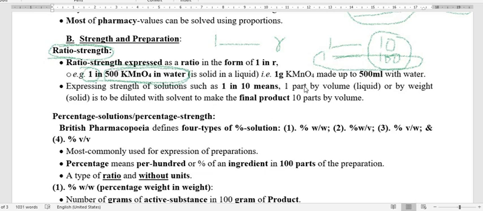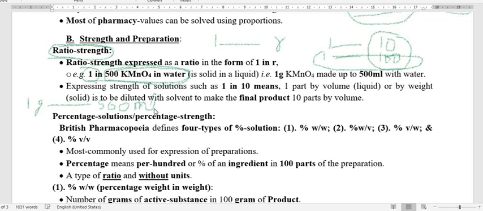What does it mean? 1 in 500 KMnO4 in water is indicating that 1 gram of the KMnO4 is dissolved in a final volume equal to 500. So this is called 1 in 500. And always you have to write the unit that is equivalent to the gram.